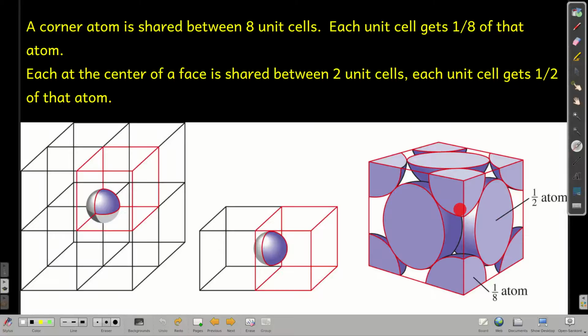So in a face-centered cubic unit cell, because there are 6 faces and each has 1/2 of an atom, 6 times 1/2 is 3 atoms from the faces, plus there's 1/8 of an atom on each of 8 corners. 8 times 1/8 is 1, so 3 plus 1 is, there's actually 4 atoms per unit cell in face-centered cubic.